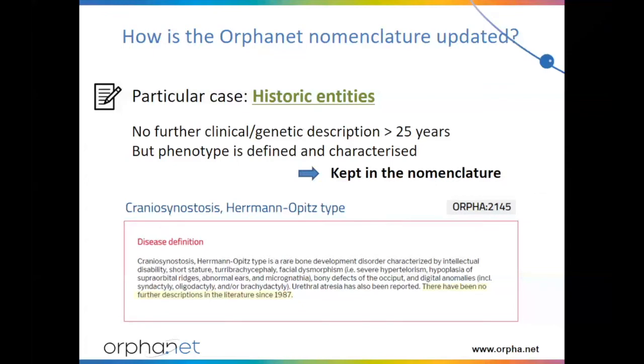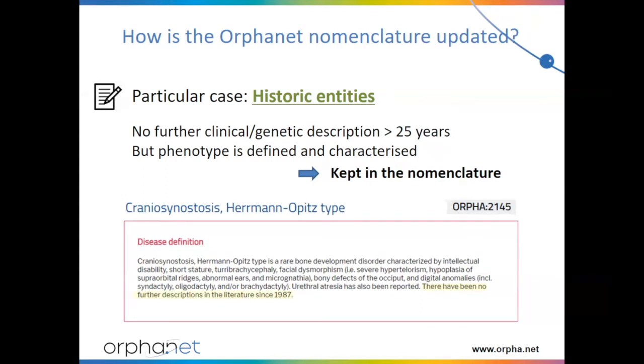This is when a phenotype has been described before the advent of the genetic era, but no new cases or information have been reported since then. But they are still considered as distinct phenotypes and are cited by reviews or in the differential diagnosis of newly described disorders, and a reassessment of the phenotype is possible, so we therefore keep them in the nomenclature. But we simply mention in the definition that there have been no further descriptions in the literature since, let's say, 1987.